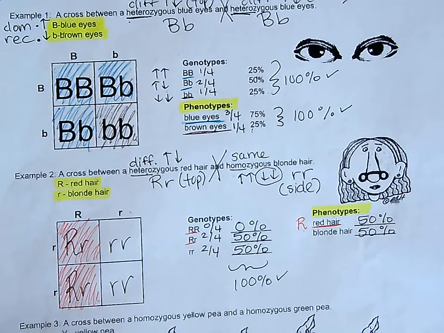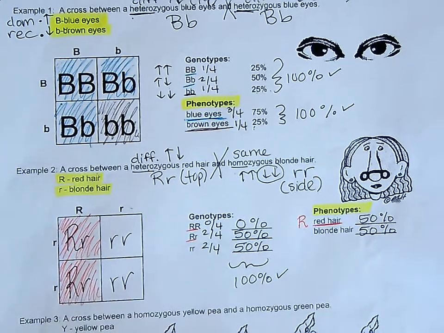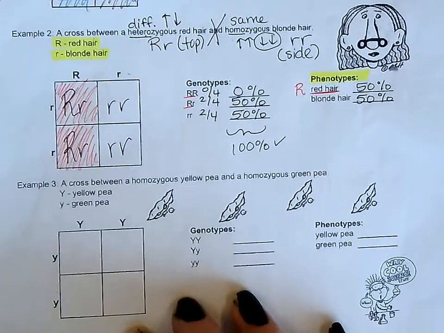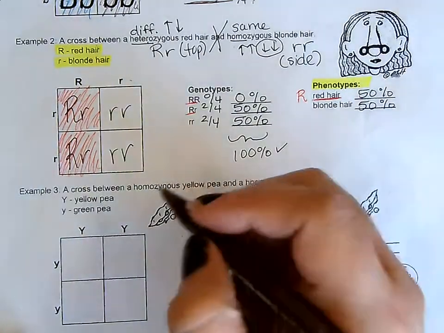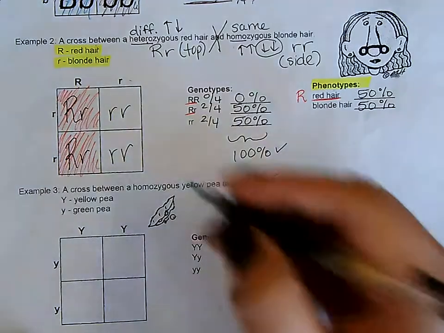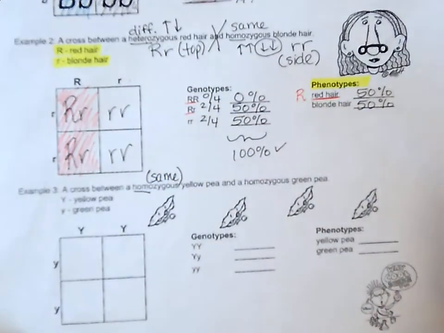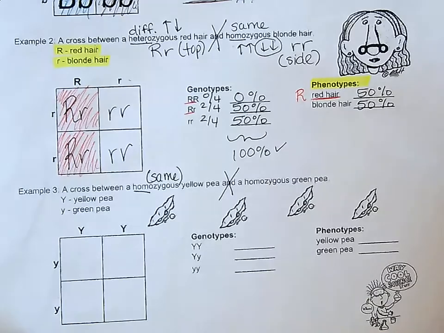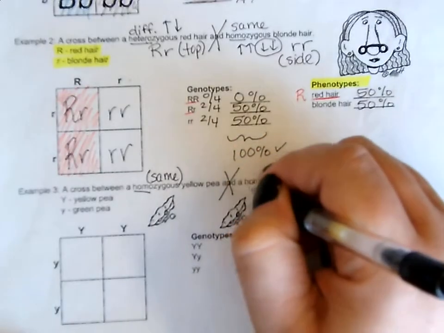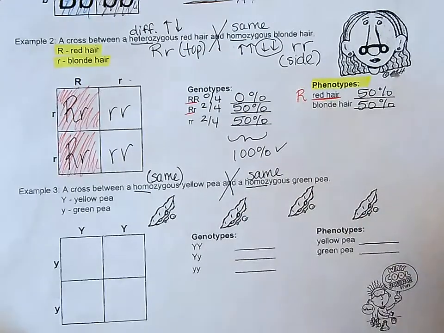All right. Let's look at one more example, and then you're going to have some time to work more on your own. We're going to do a cross between a homozygous yellow pea. Remember, homozygous means same. And we're doing it with a homozygous green pea. Remember, again, homozygous means same. So now we have to figure out if they're big, big, or little, little.